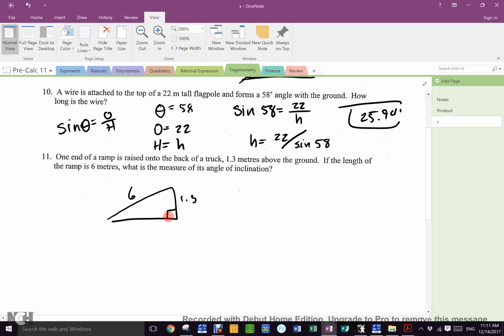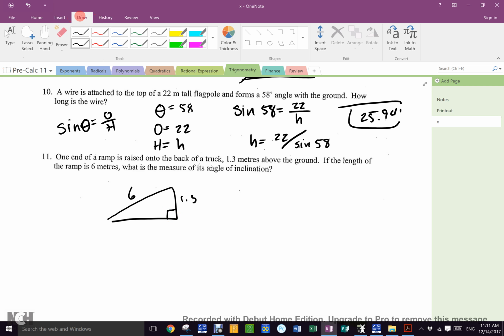Well, you know that's 90, so I want the green angle or the blue angle. Which one of those is inclined? Inclined means it goes up. The blue one. So that is my theta.